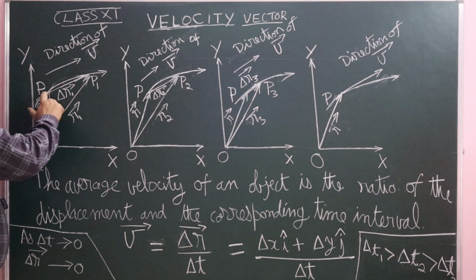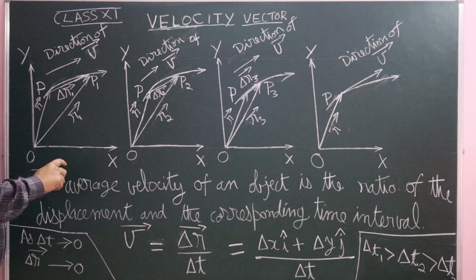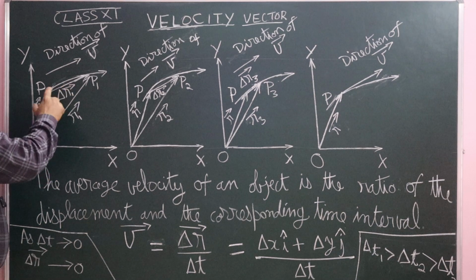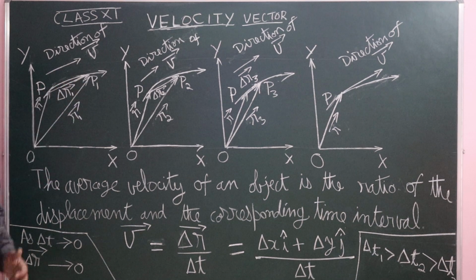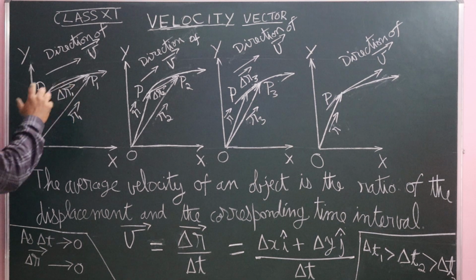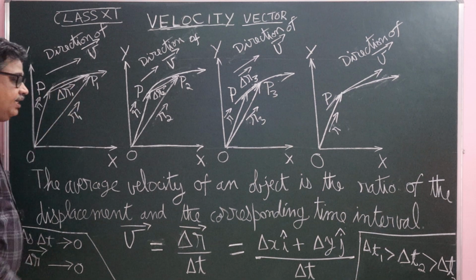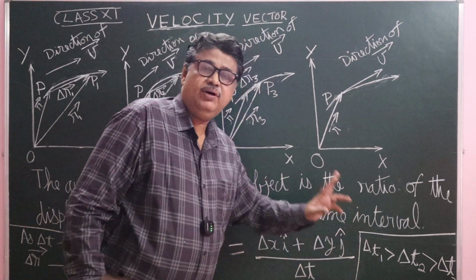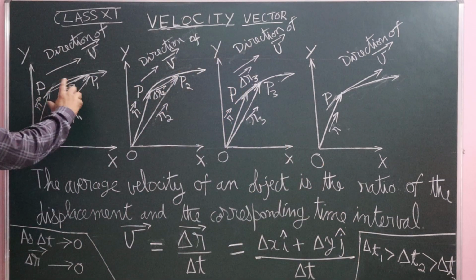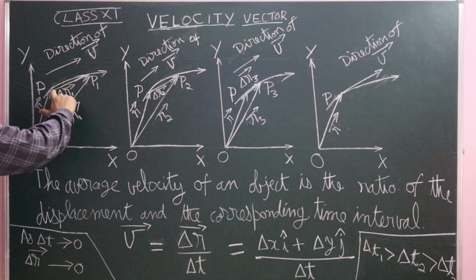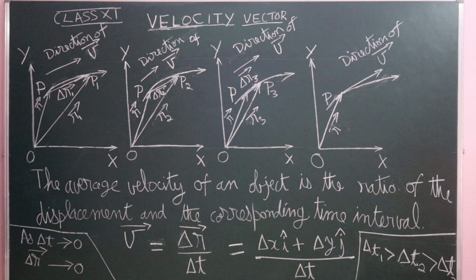Therefore, here the object moves from P to P1. The displacement is PP1 vector, del R1. The time taken by the object is del T1. Therefore, the velocity is along this direction.